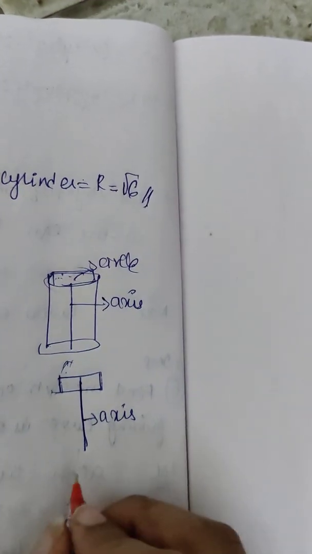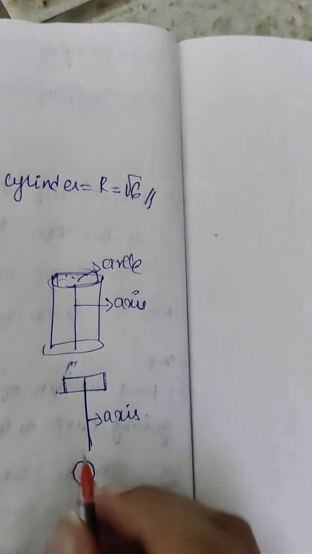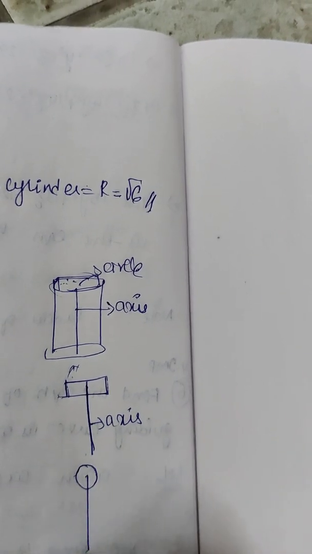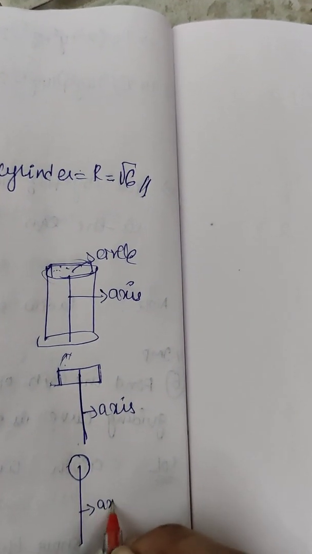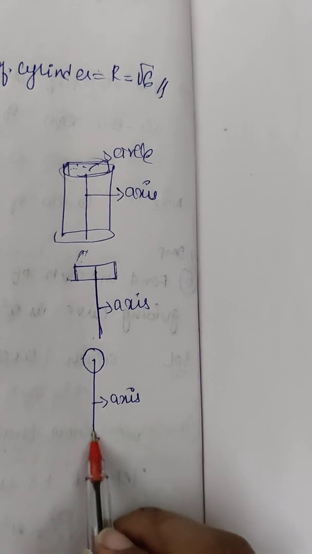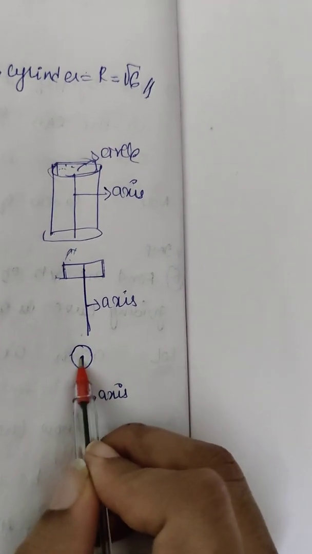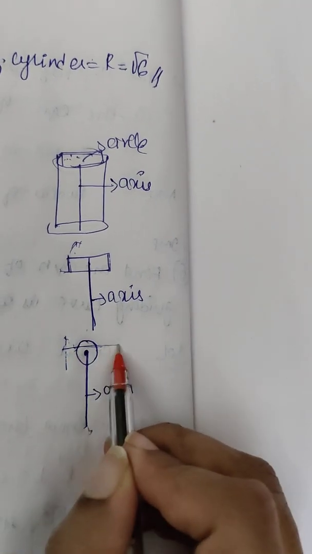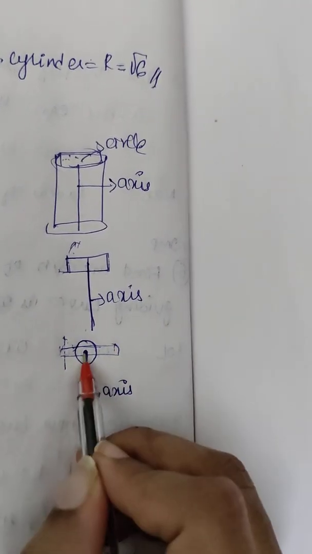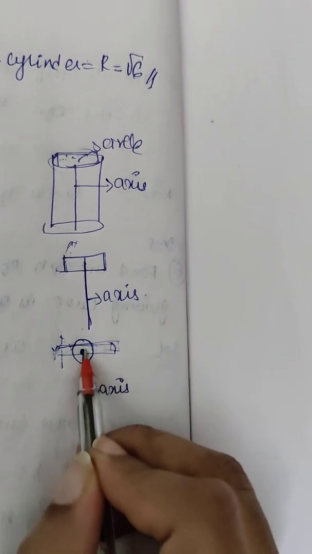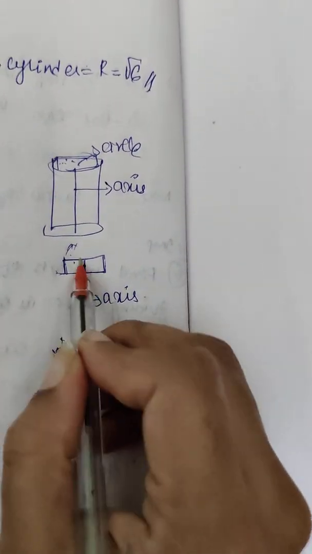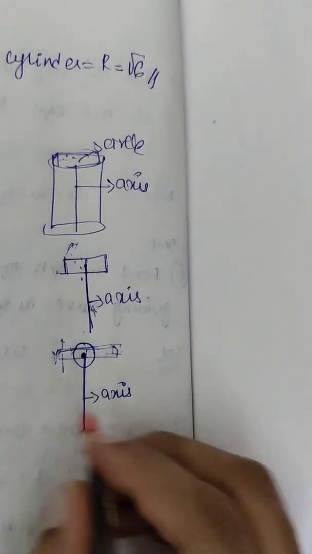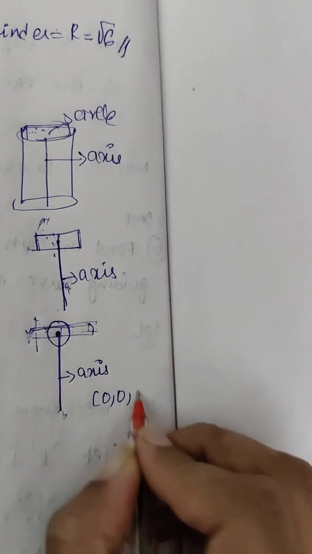Let me take out the sphere now, and let me take out the axis. If you observe this, our axis is passing through the center of the sphere, and this is the plane. From this picture, I can say that it is nothing but the normal to the plane. I just now found out the center of the sphere, 0, 0, 0.